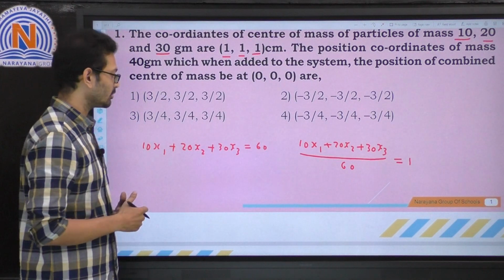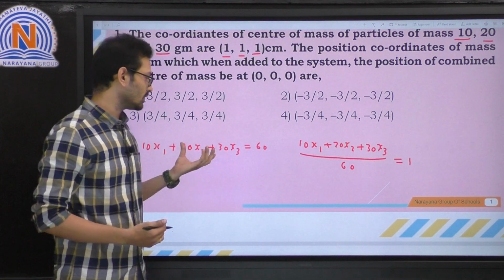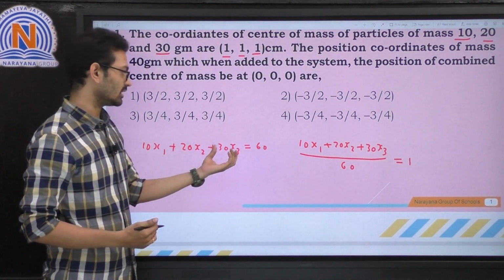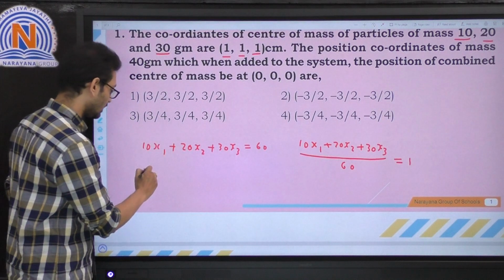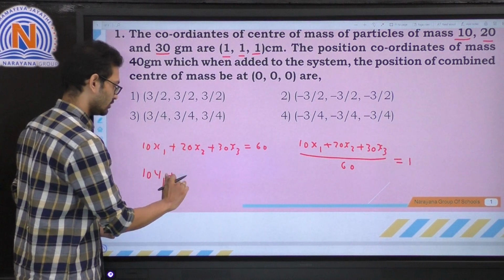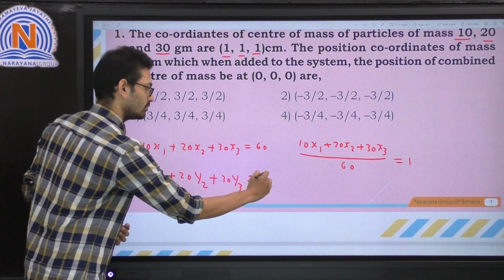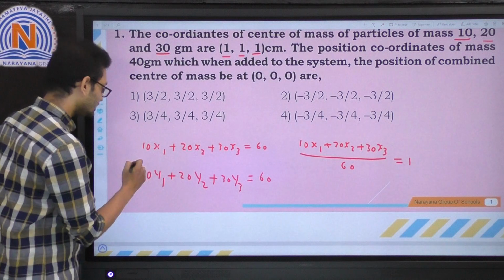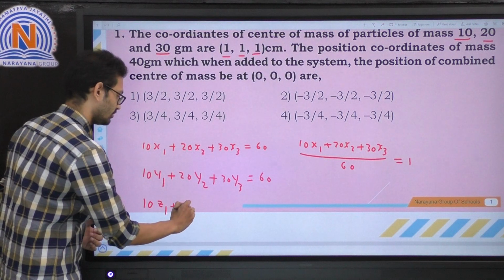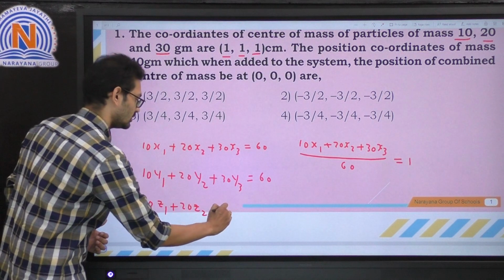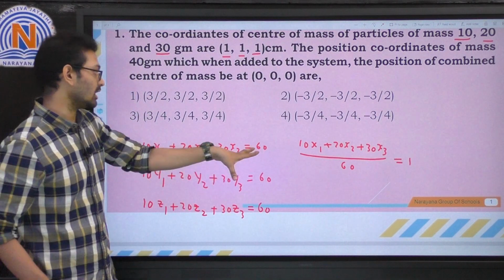That is the x component. For the y components, you can take 10y1 plus 20y2 plus 30y3 is equal to 60, right? And for z also you get 10z1 plus 20z2 plus 30z3 is equal to 60.